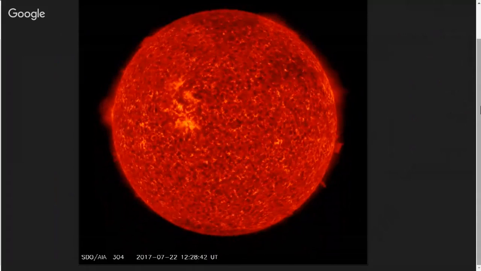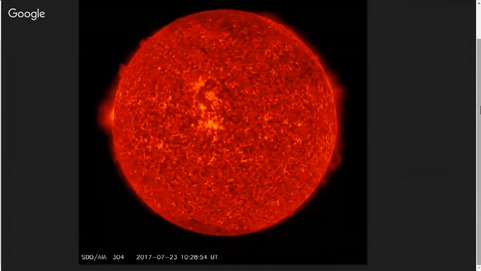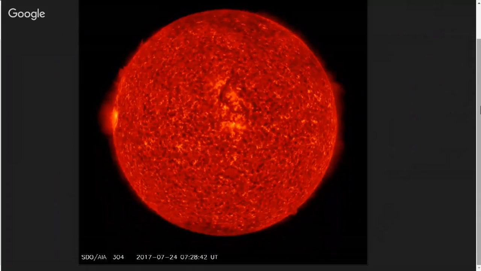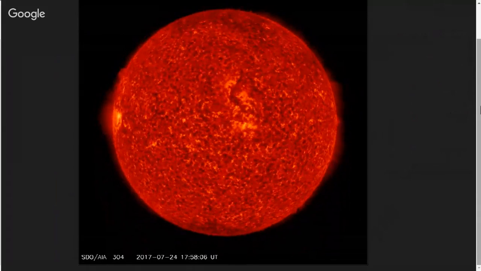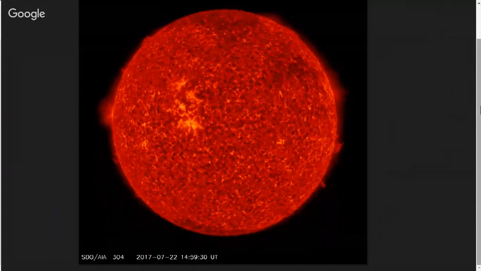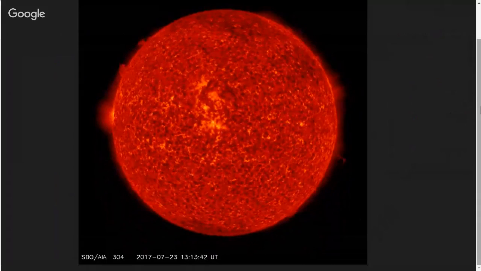Well, I say they turned it off. They say that they lost communication, the satellite was damaged, whatever. Not buying that, because we got tremendous images from the backside of the sun for a long period of time, and then all of a sudden that craft stops working.